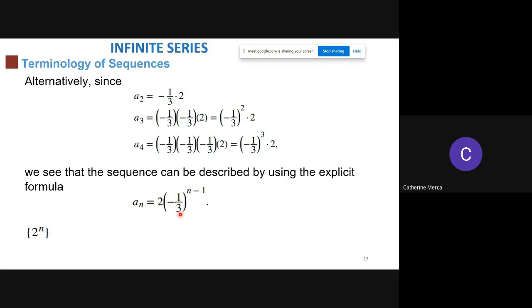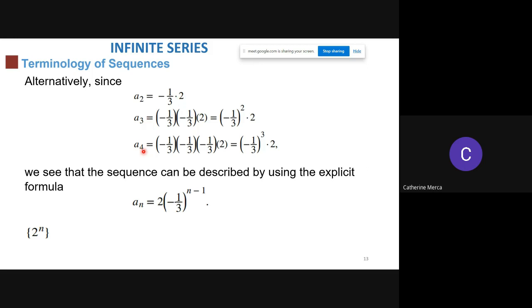So in this case, madali lang siya kasi makita ninyo na ang a sub 2 is eto, 2 there, 2 minus 1. So that's why to the, pag a sub 2, that is 2 minus 1. So 2 minus 1 is to the 1. So it's negative 1/3 to the 1 times 2.